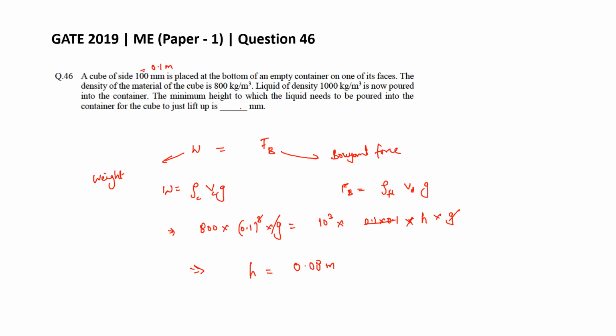And now again, basically there is a trick in this question. You should not just put 0.08 here and see the units and then suppose, right? So you multiply it by 1000 and then this becomes 80 mm. That is the correct answer to this problem.